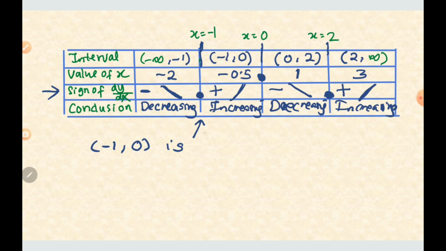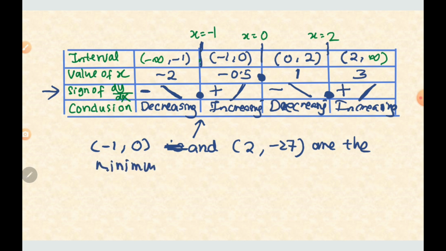So I will combine these two values here, negative 1, 0 and 2, negative 27, are the minimum points. What is the maximum point?